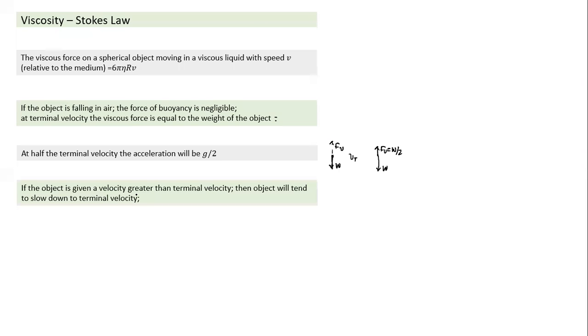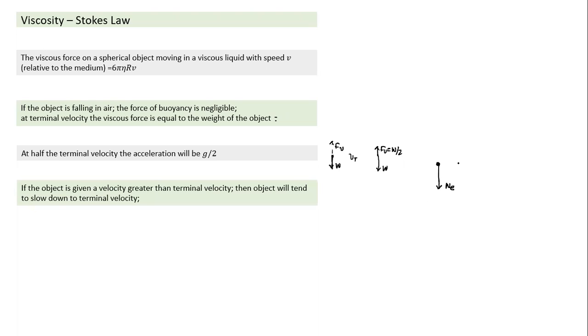And if the object is given a velocity greater than terminal velocity, then what will happen? For some reason, we can project an object so that it moves faster than terminal velocity in air or another medium. This is the effective weight, which is acting downwards.